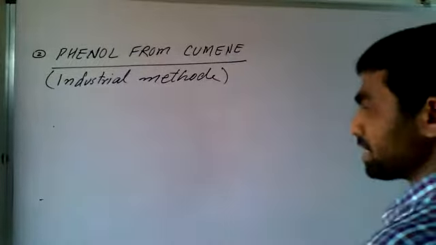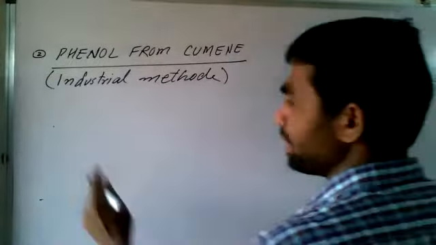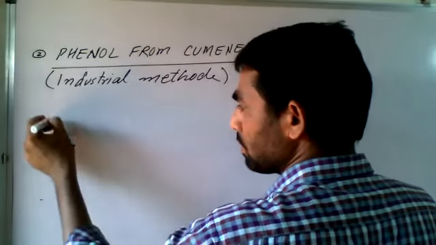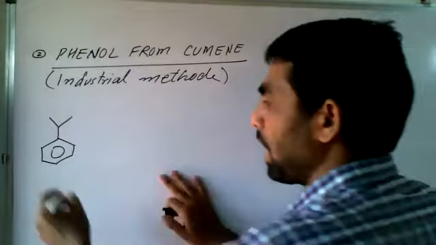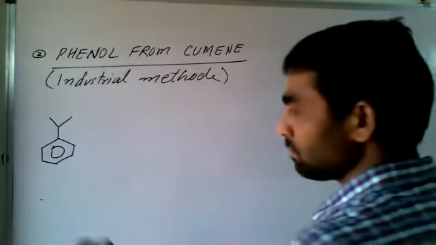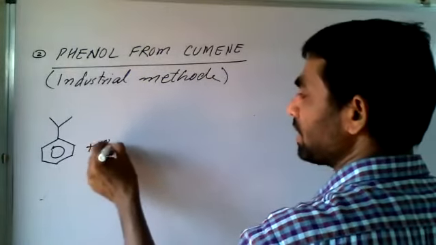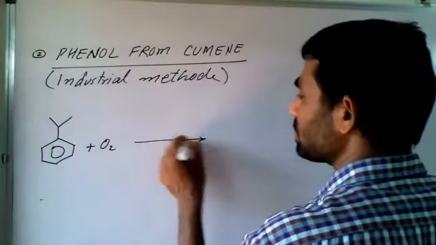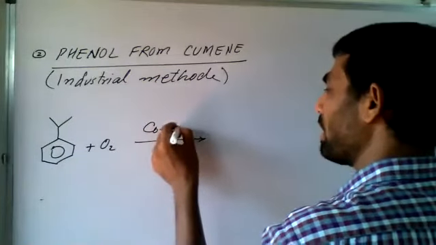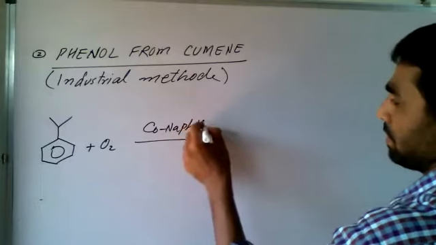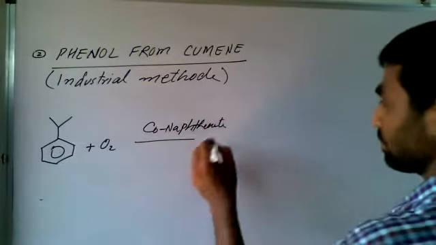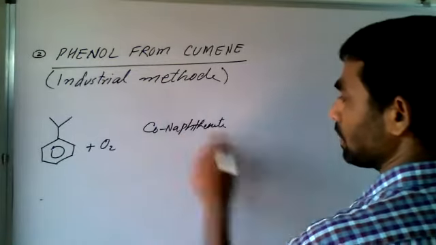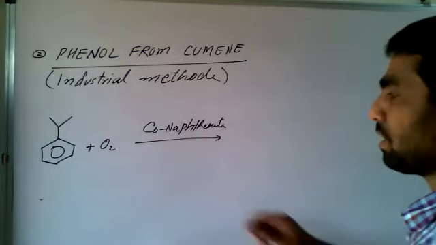So now see, what is cumene? This is cumene, which is cheaply available. This is called isopropyl benzene. This, when reacted with oxygen gas in the presence of cobalt naphthenate, okay, what will happen?